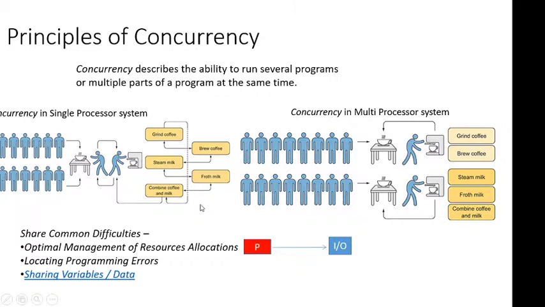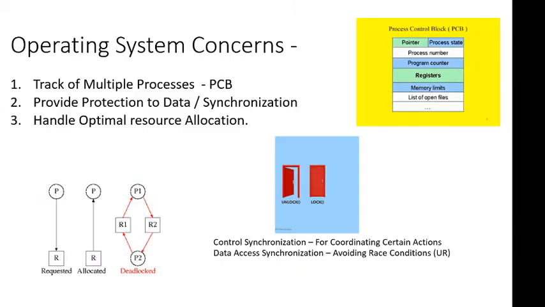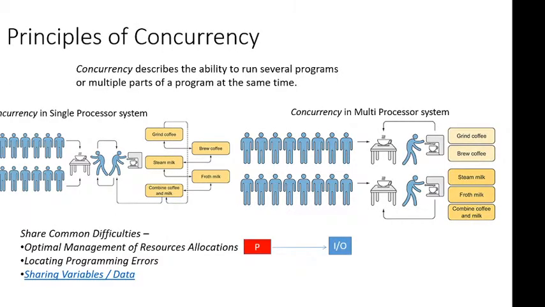Now both the single processor and multiprocessor systems tend to have certain inherent problems. These are the three inherent problems that concurrency tends to have whenever there is a system with many things happening at the same time. One is optimal management of resource allocation. What is the primary job of an operating system? The operating system allocates resources like CPU, memory, input/output, and files.